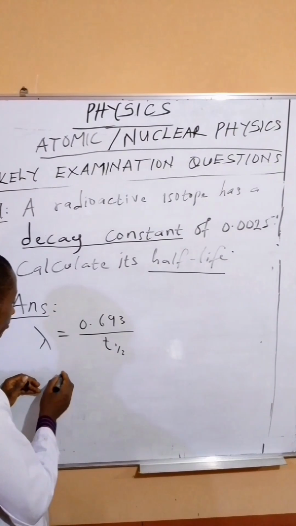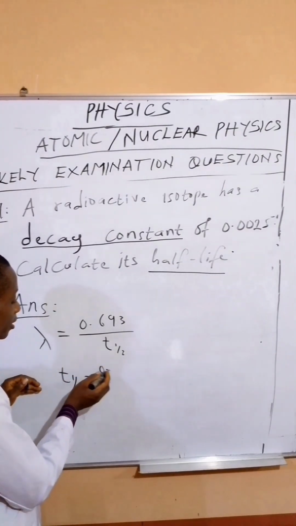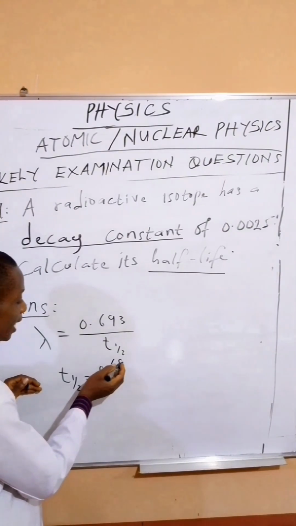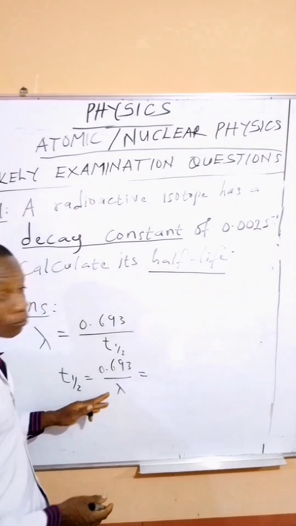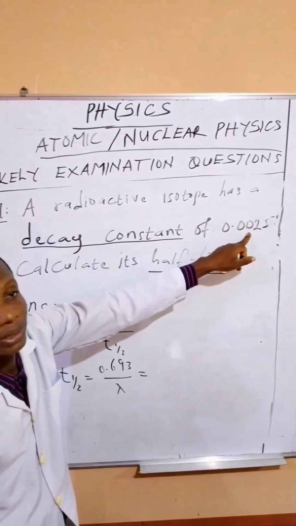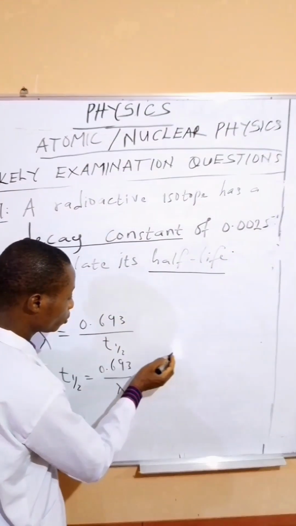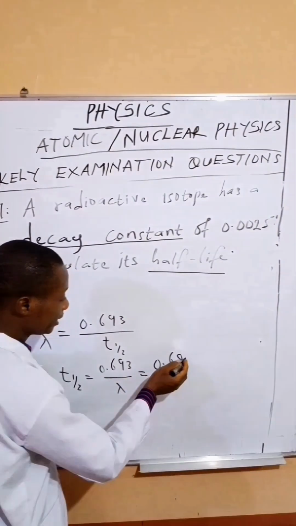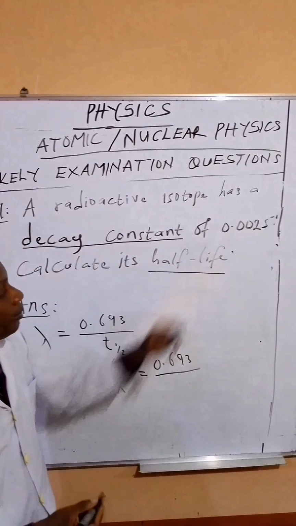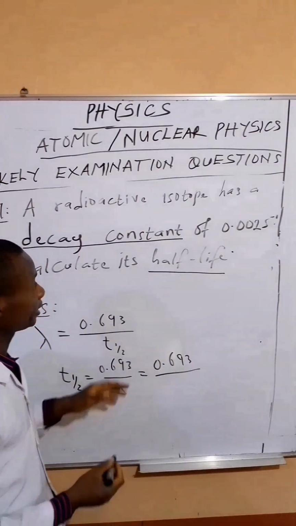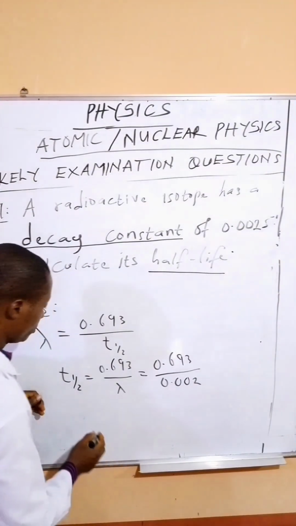It therefore means that T half equals 0.693 over decay constant. Since you are given the decay constant, you can find the half-life. So we substitute 0.693 over the value of the decay constant, which is 0.002.